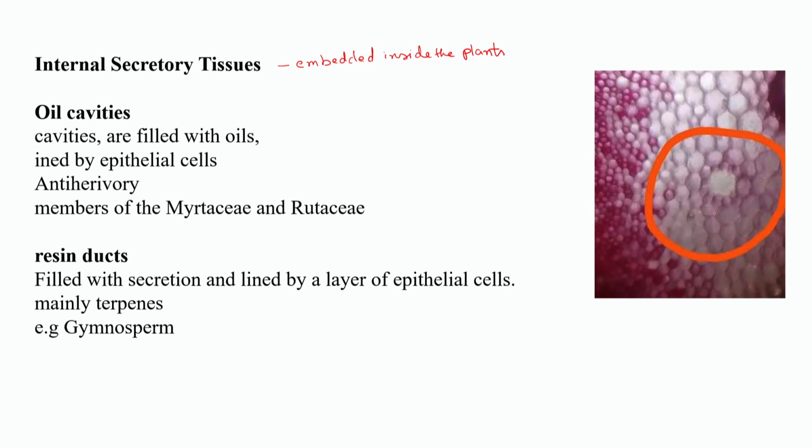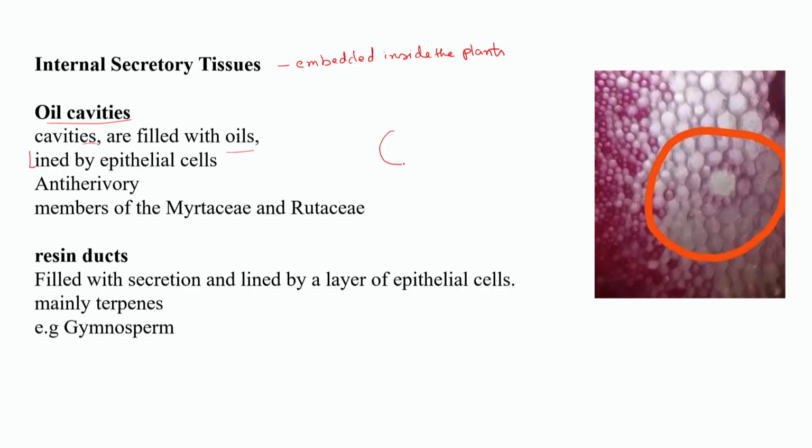Now these internal secretory structures could be of various types, like oil cavities. From the name itself we can make out that these cavities are filled with oil, and they are lined by epithelial cells.